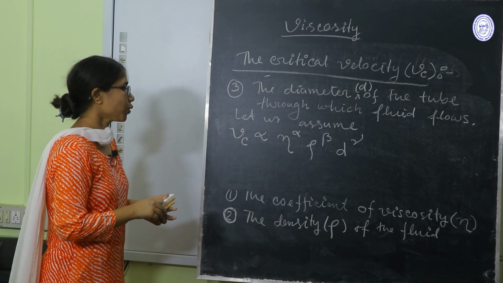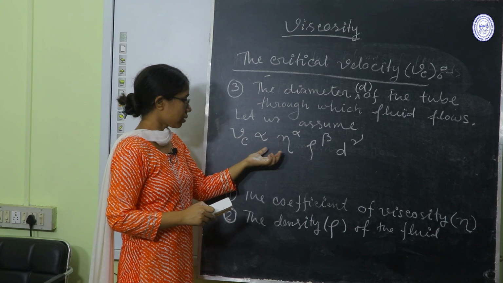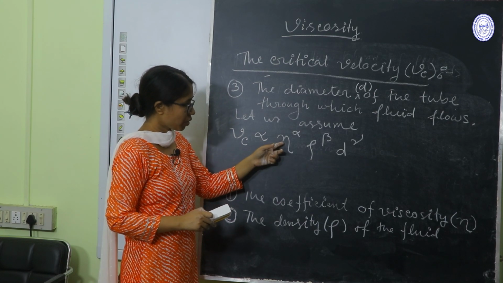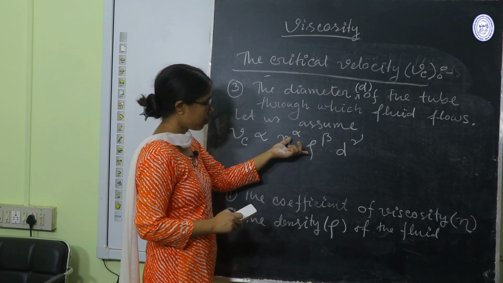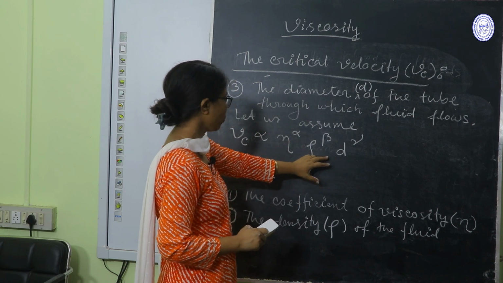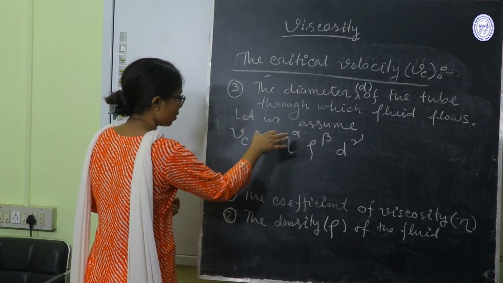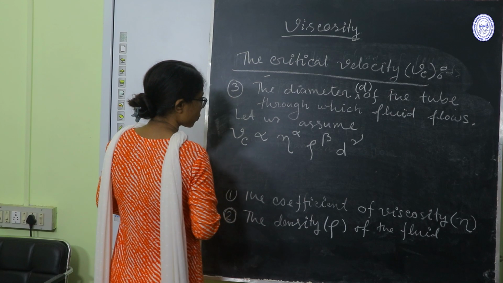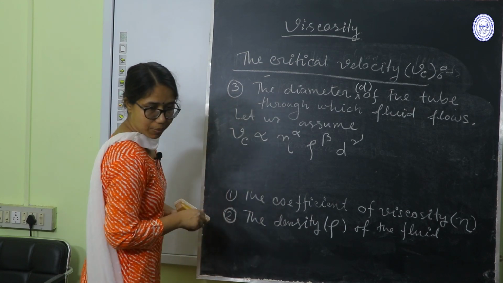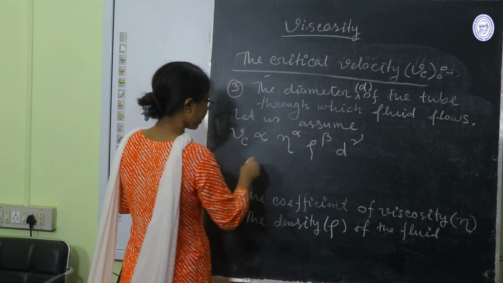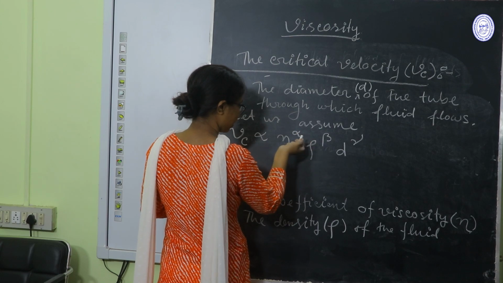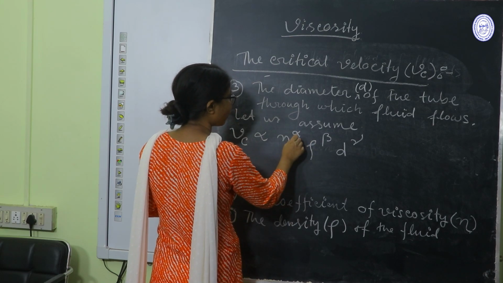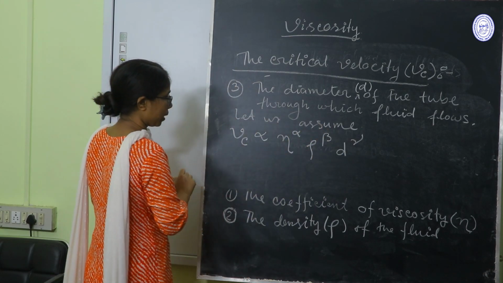As we do not know how the critical velocity depends on these quantities, using the dimensional method we can easily calculate the values of alpha, beta, and gamma.